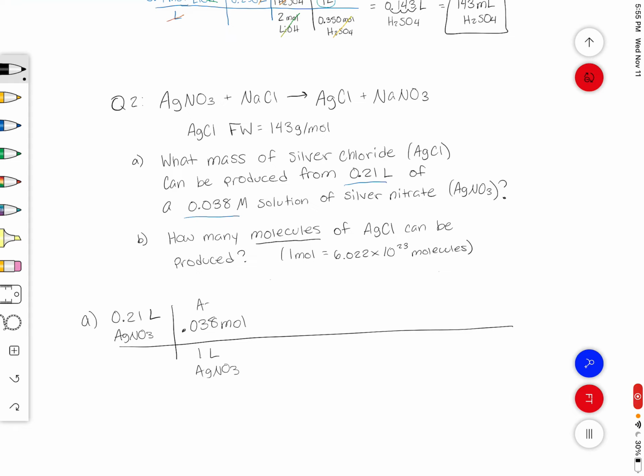This is also AgNO3. So right off the bat, this cancels with this. Keep going. Now we have moles of AgNO3.